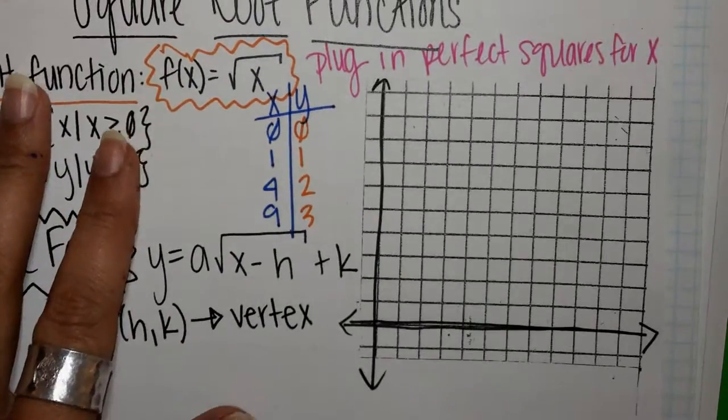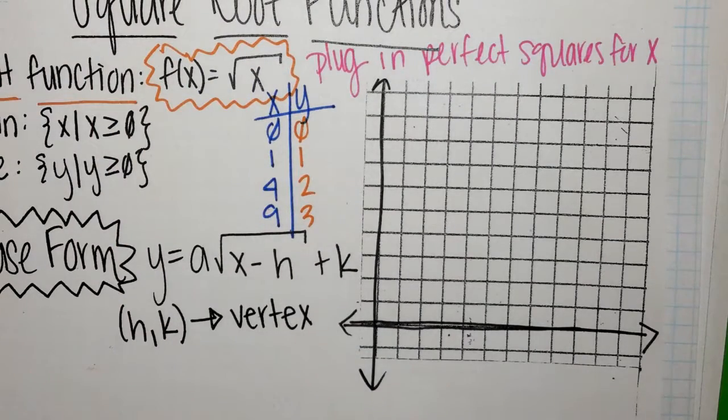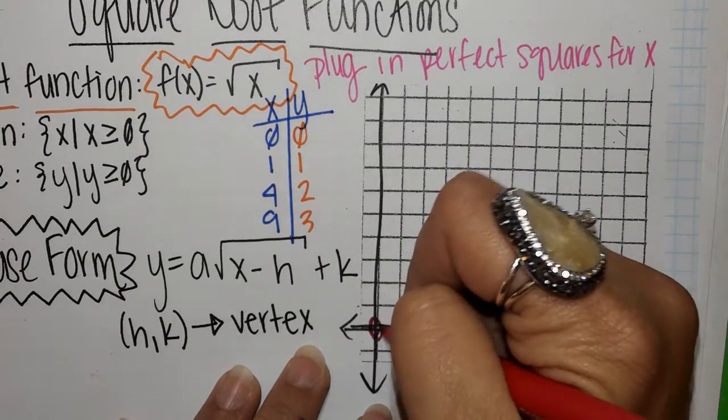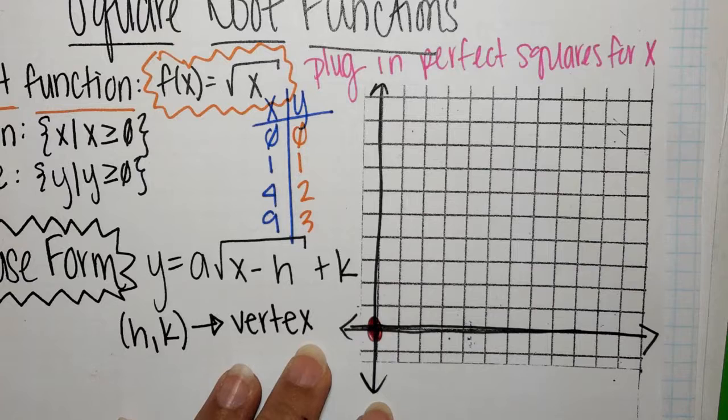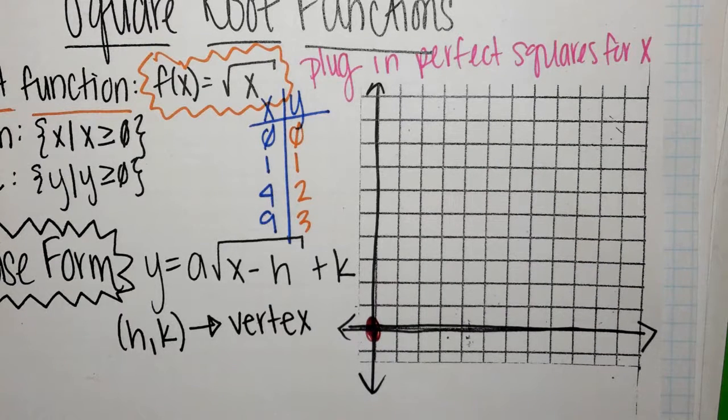Now, with the way this function is right now, can we plug in negative x values? No, you can't. So we're going to start at 0, 0, and we're going to put a dot. That's our first point, 0, 0. Are we down with parabolas? Yes. This is a new function. That's why it's our new unit.